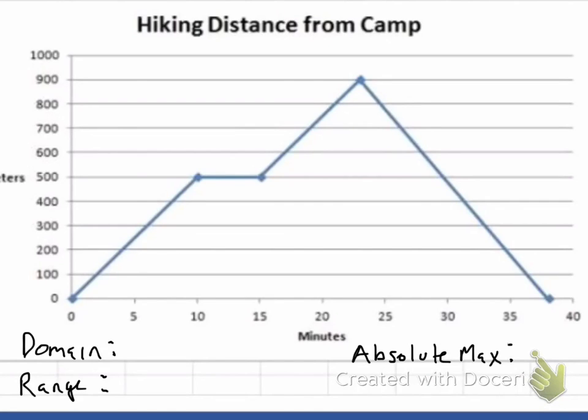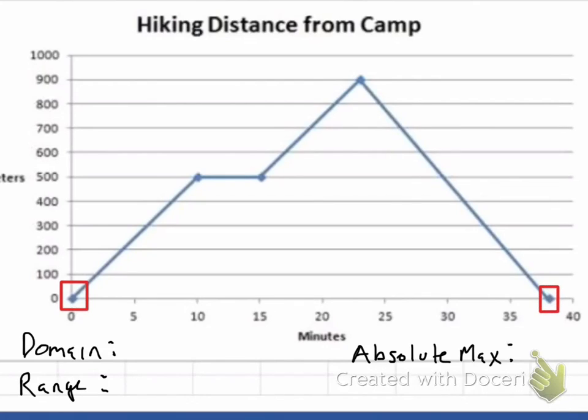Alright, so the questions pertain to this one on the next slide, but I'll do some of them on here because it helps to be visual. Domain is your x, remember that. So, what are the x values? Well, the x starts here and it goes all the way to here.